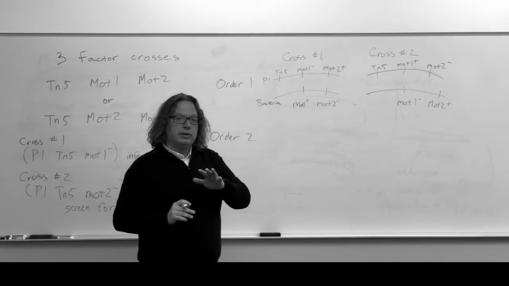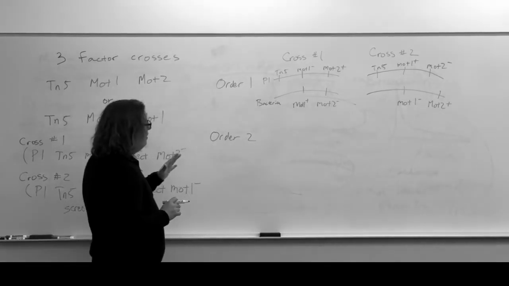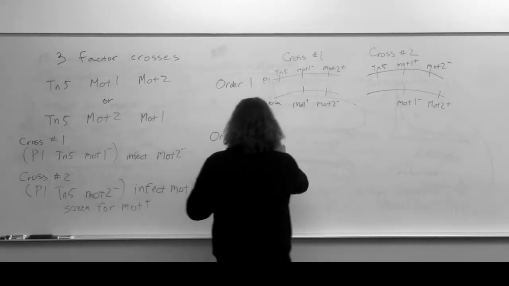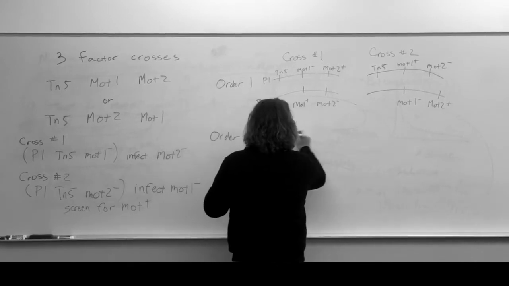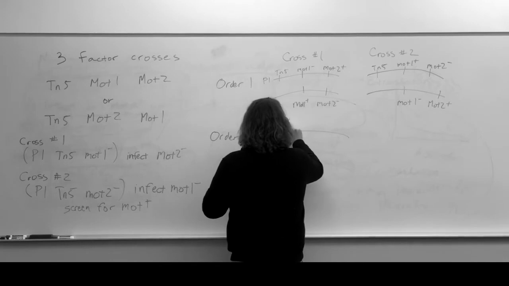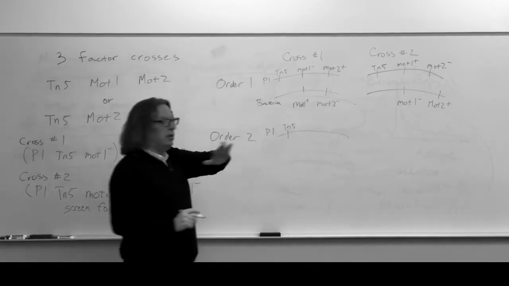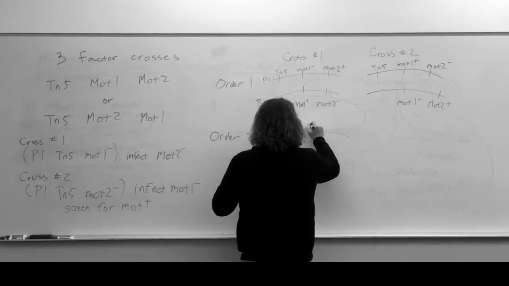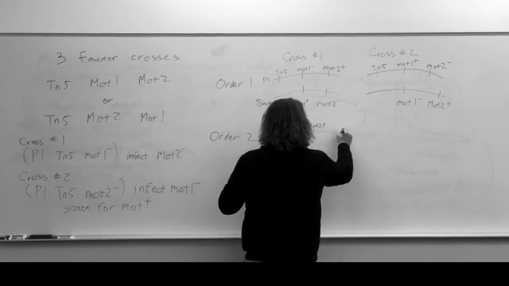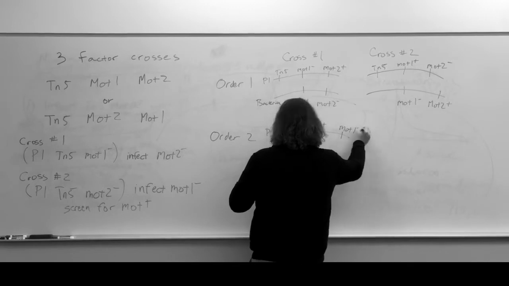Now let's think about the second order. In the second order, we have P1 derived Tn5, and instead of mot 1, mot 2, it's going to be mot 2, then mot 1, so mot 2 plus, mot 1 minus.